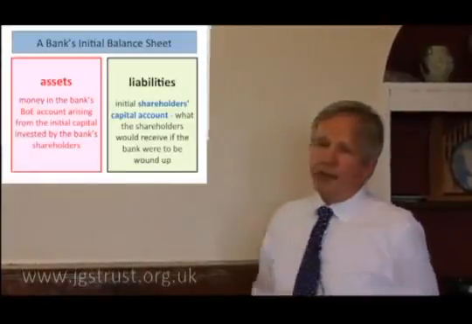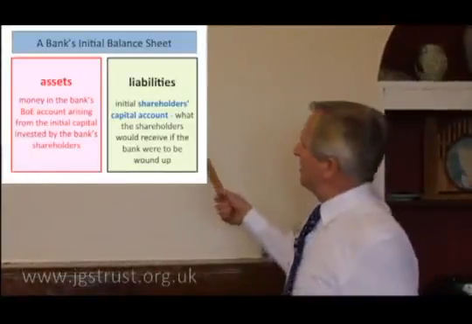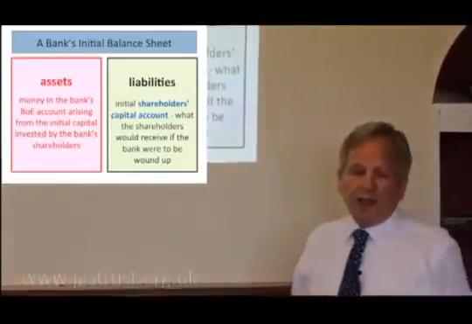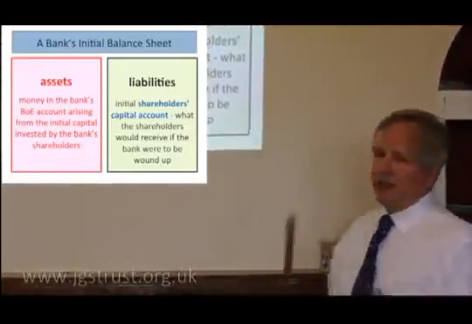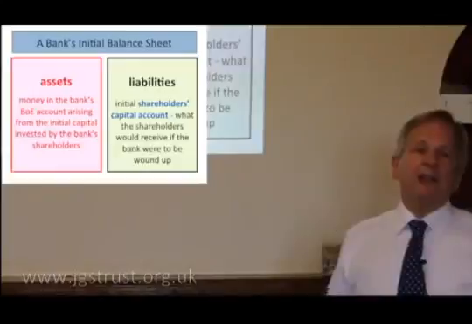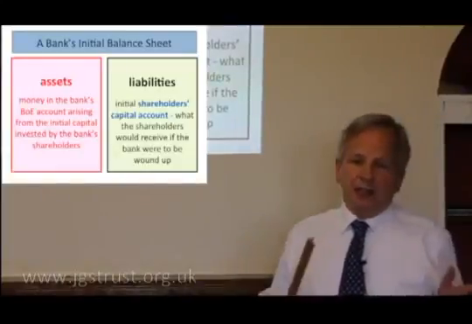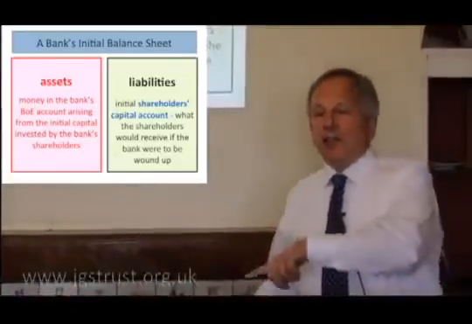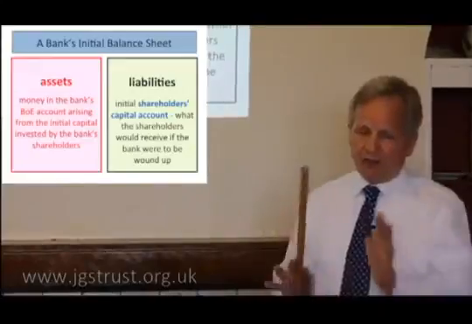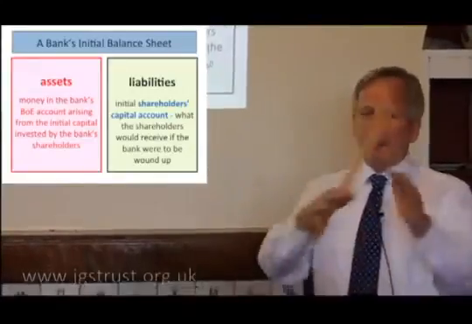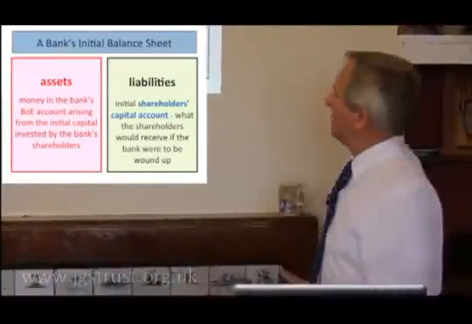On the other side of the sheet, this is a little more subtle. This is a liability to the bank as an entity which has a debt to its shareholders. So conceptually you have to separate the shareholders from the entity which is the bank itself.